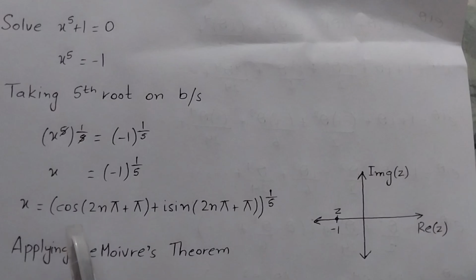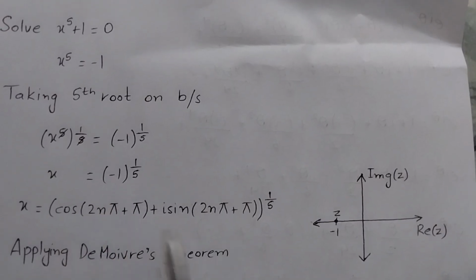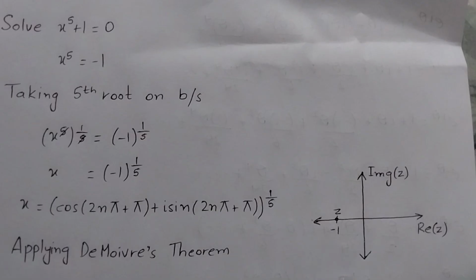So if you draw an Argand diagram in which x-axis represent the real part of the complex number and y-axis represent the imaginary part of a complex number. So we have minus 1. So minus 1 doesn't have the imaginary part. So it only has real part. So it will be on negative side of the x-axis. And if you look at this minus 1, what angle does this have from the positive x-axis?